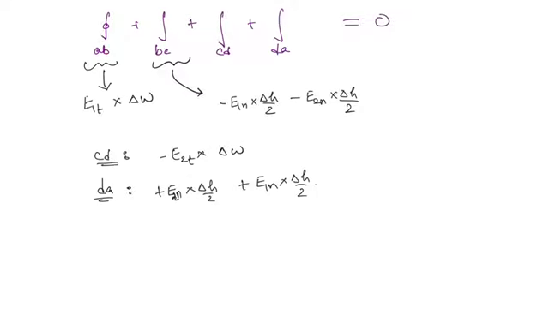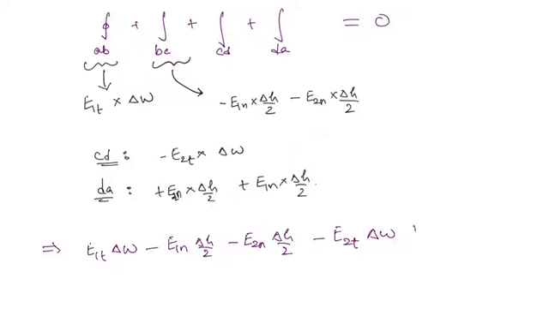Okay, so now if you add all four, you're going to get E1t into delta W minus E1n into delta H by 2 minus E2n delta H by 2 minus E2t delta W plus E2n delta H by 2 plus E1n delta H by 2.